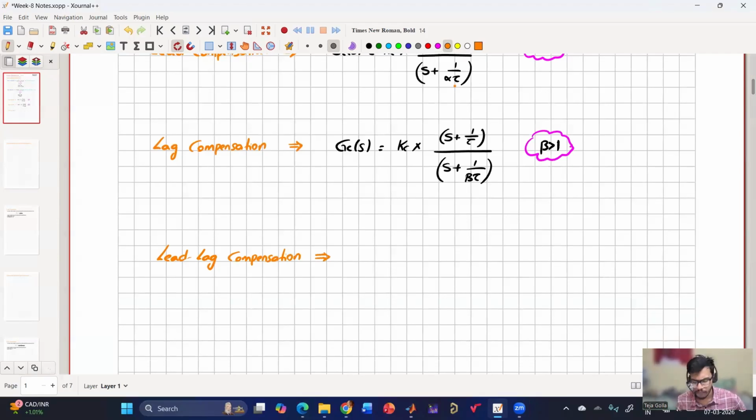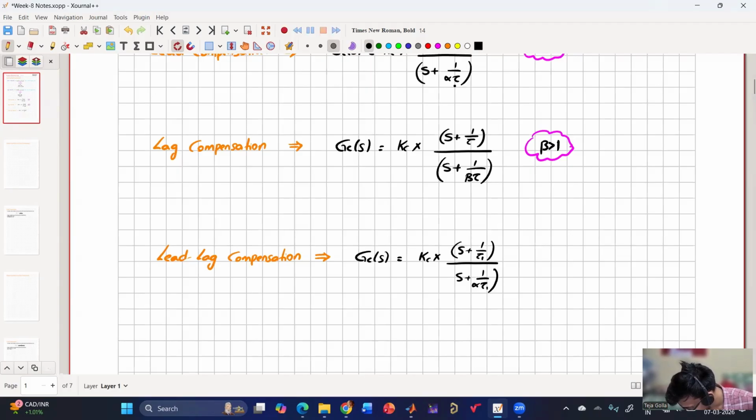If I combine both, I'll have GC of S equal to Kc into (S plus 1 by tau 1) by (S plus 1 by alpha tau 1), because both can be different, right? Then into (S plus 1 by tau 2) by (S plus 1 by beta tau 2). So this is my overall transfer function, and here alpha is less than 1 as well as beta is greater than 1.